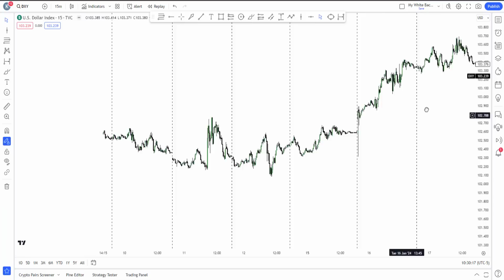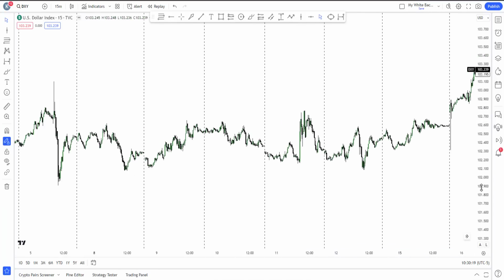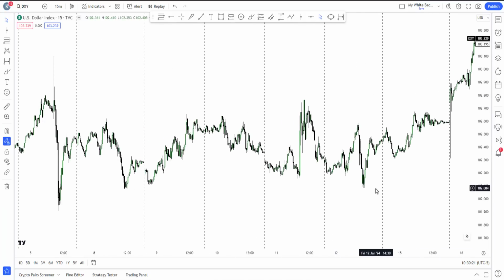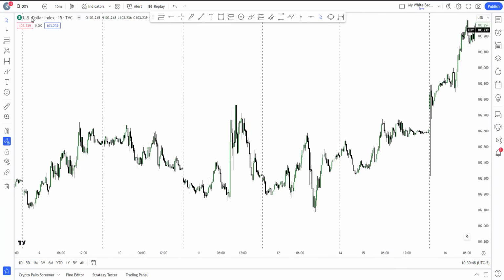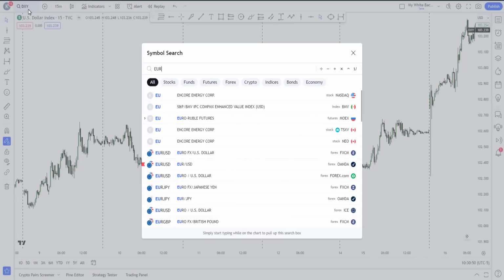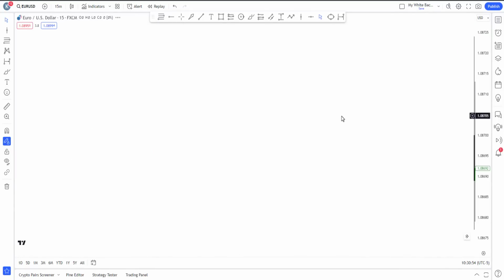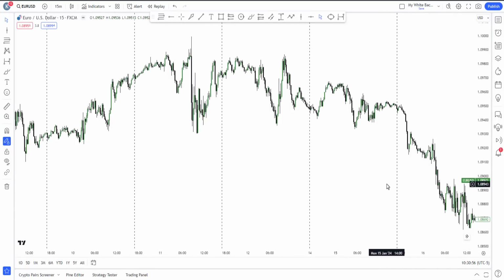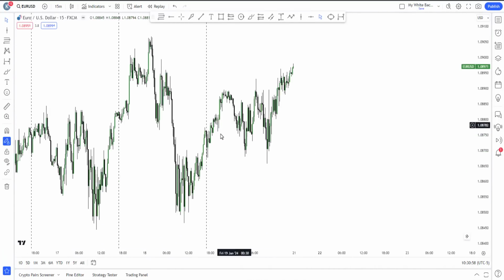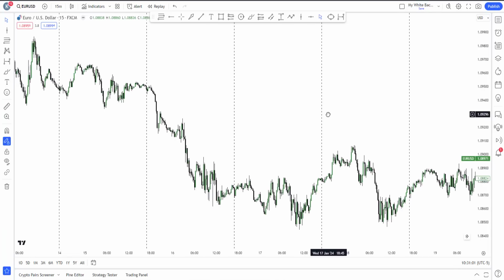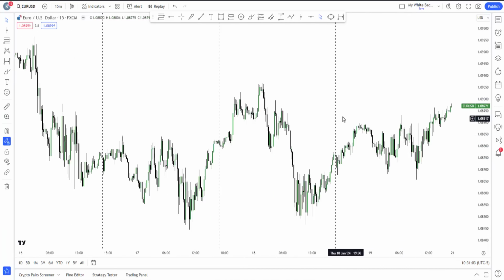So in a particular day, let me take a typical day and show you. All right, let me go to a currency pair, Euro USD. You can do this across any asset you're trading, whether futures, indices, or you're trading normal price action. So let's look at this.